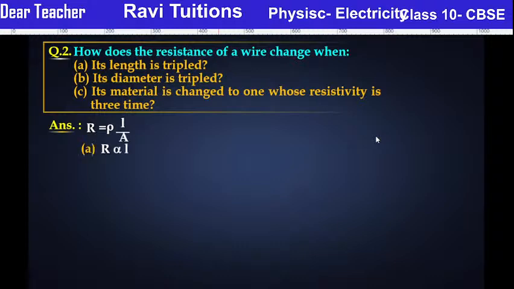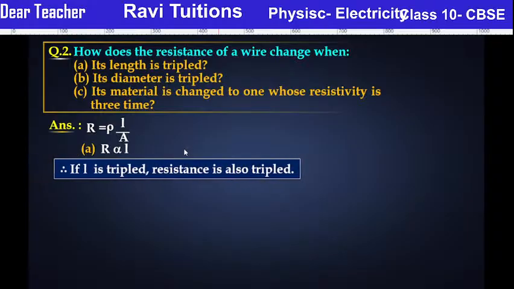Recollect the equation: R is proportional to L. If L is tripled, resistance also gets tripled, because they are directly proportional.